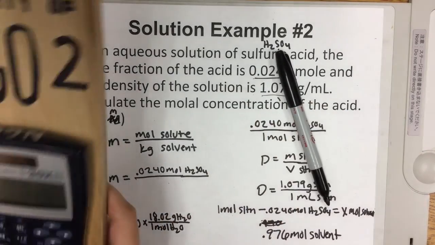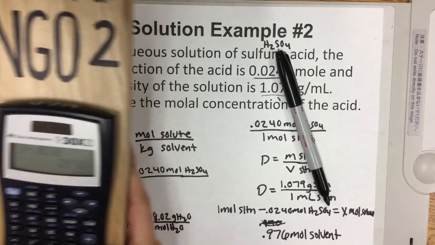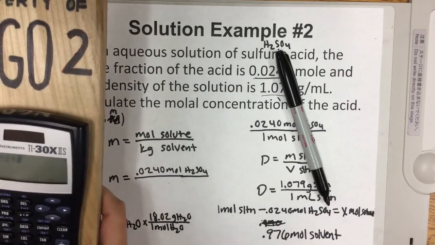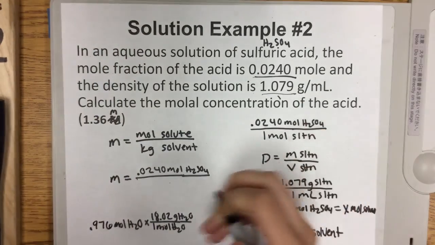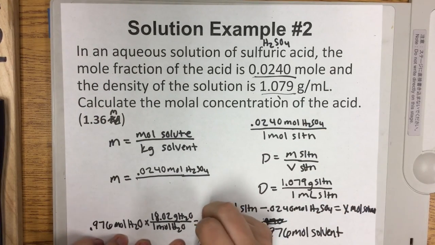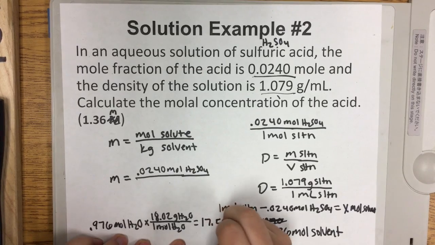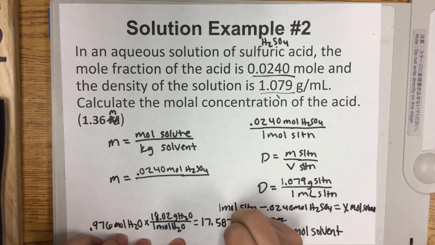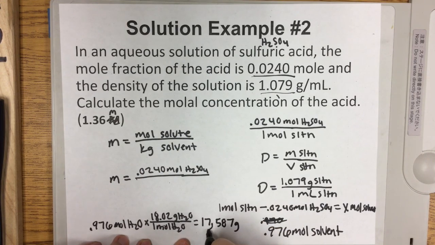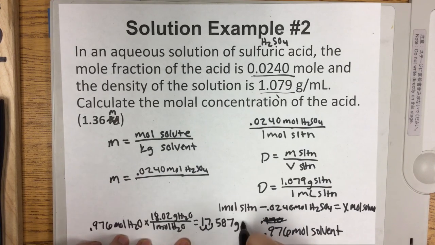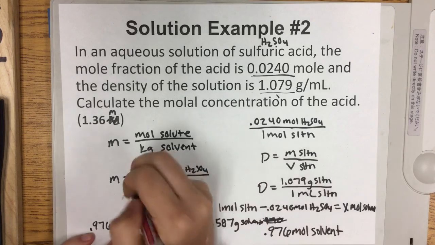So if we convert this, 0.976 times 18.02, we get 17.587 grams. This is grams, not kilograms, and this is also of solvent.